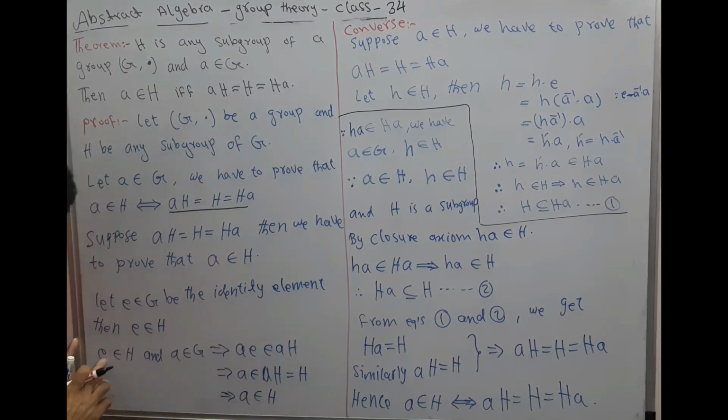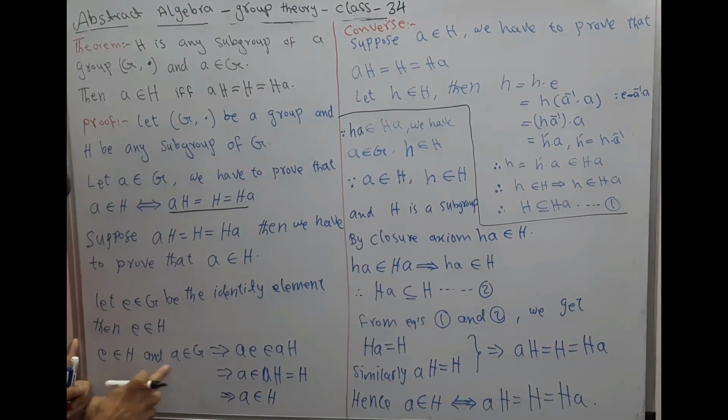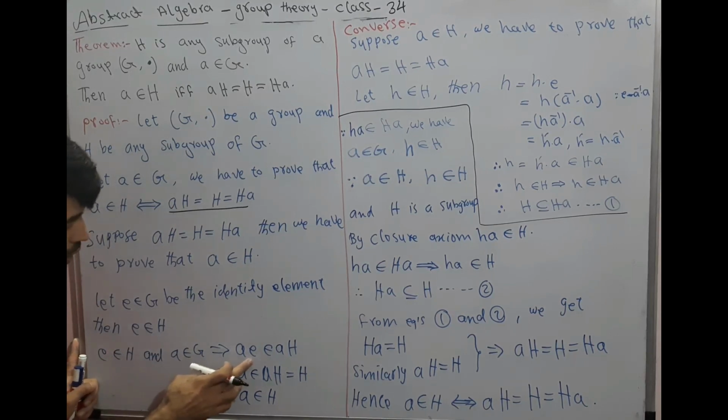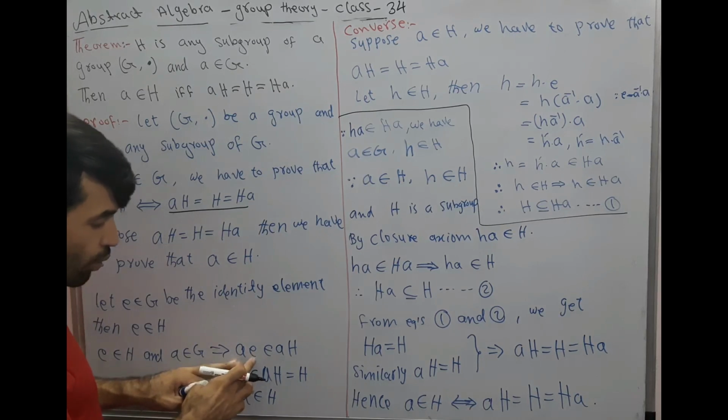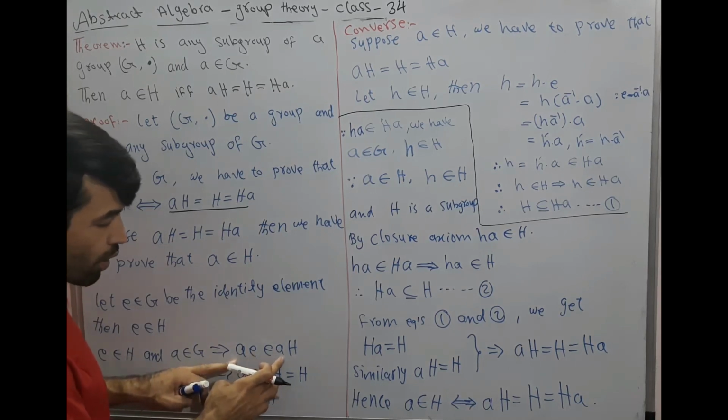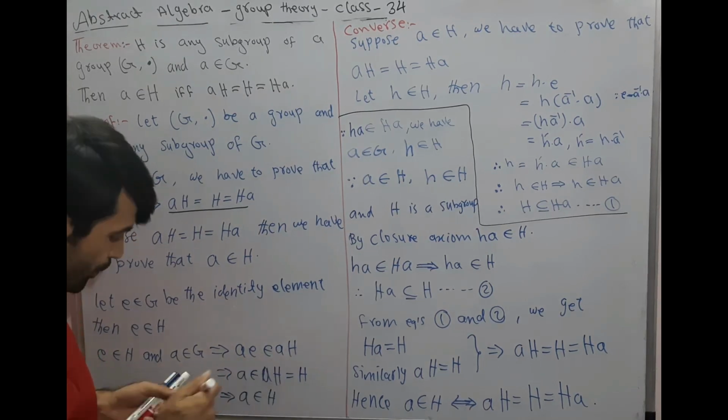Why? Because H is a subgroup of G, e belongs to H and a belongs to G. By the definition of coset, a·e belongs to the left coset.